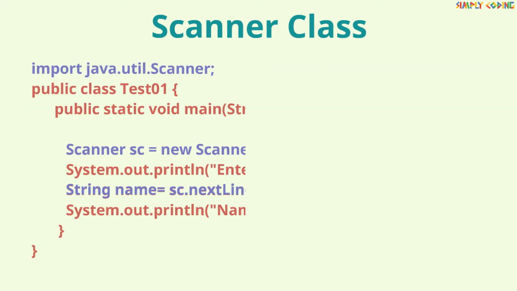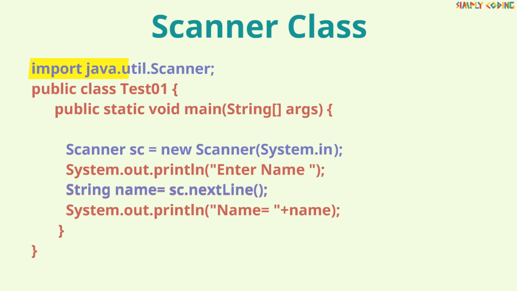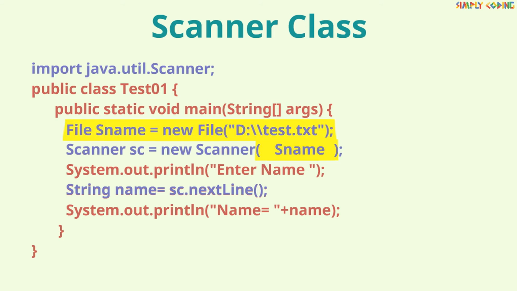To use the Scanner class, we first import the java.util package and then create an object of the class. We usually pass the predefined object System.in, which represents the standard input stream. We may pass an object of class File if we want to read input from a file.